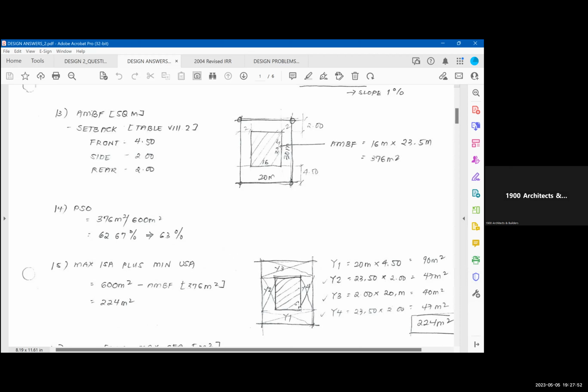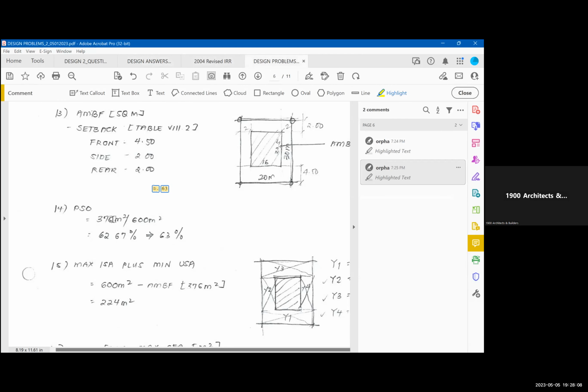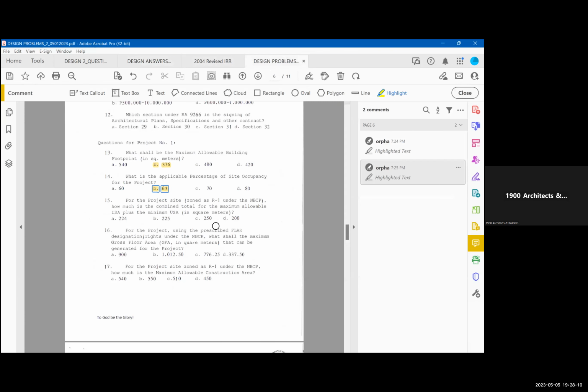So, ibig sabihin, pag minus off mo yung allowable building footprint, yun ay matitira, yung ating ISA and USA. So, it's 224 as well. Yun din ang lalabas doon. So, the answer is letter A, 224.